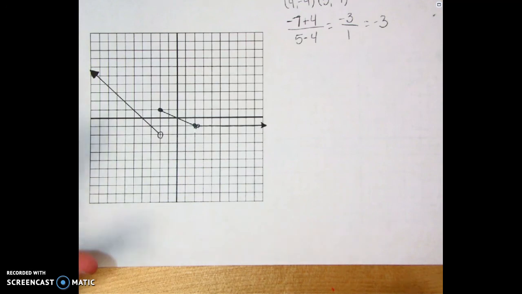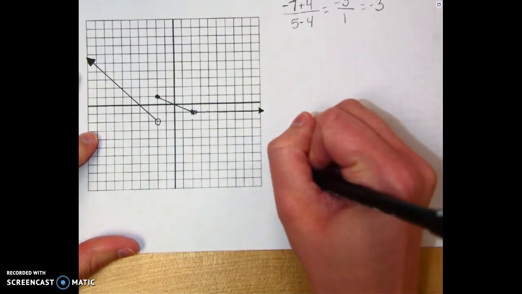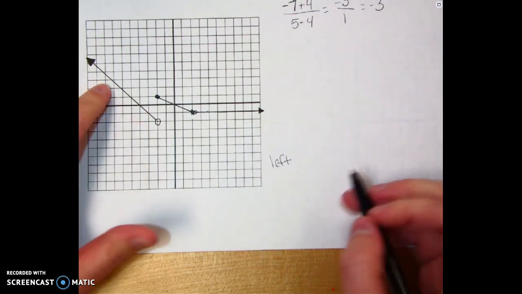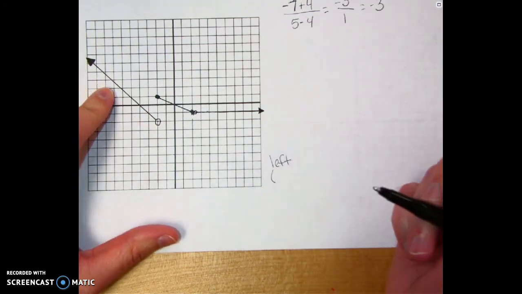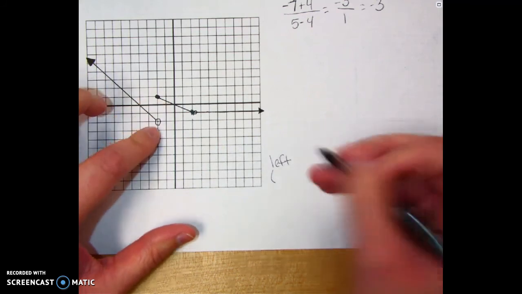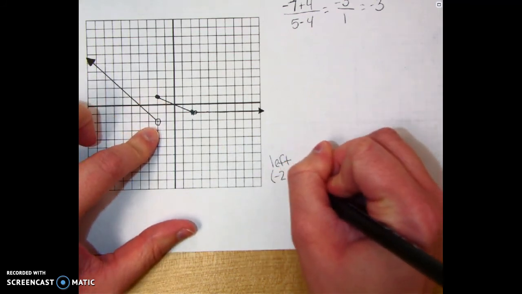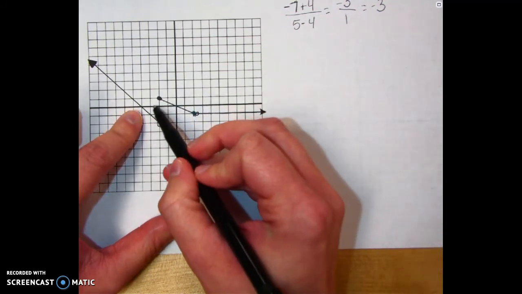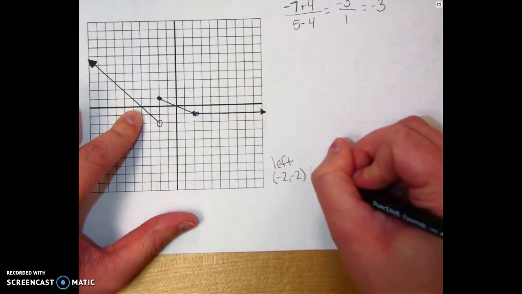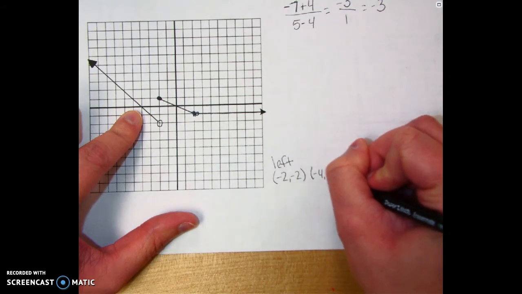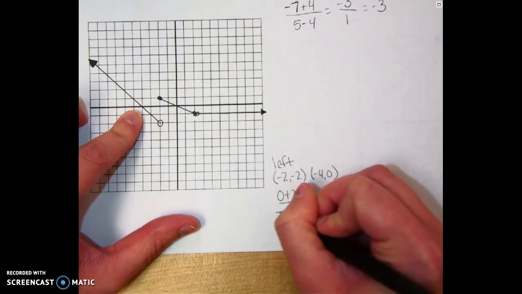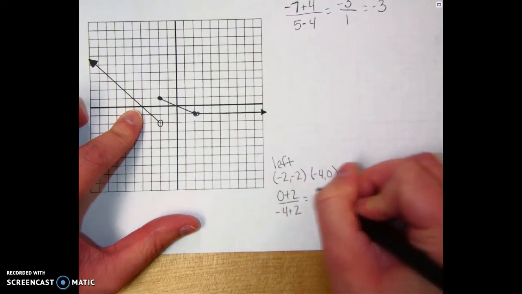Okay, let's find the slope of the line on the left. What's a point on this line? Negative 2, negative 2. And why don't we go here? What is this one? Negative 4, 0. So this is 0 plus 2 over negative 4 plus 2.